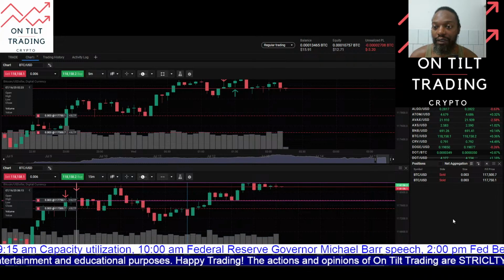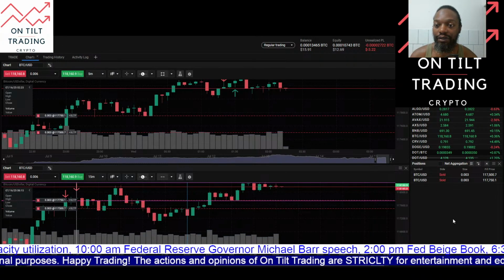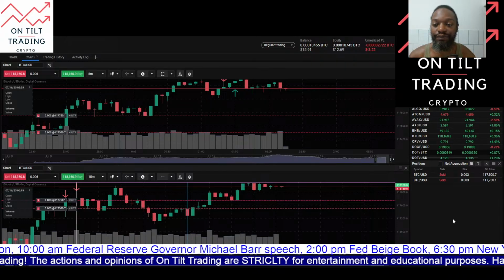Price consolidating here around the 118,150 level.